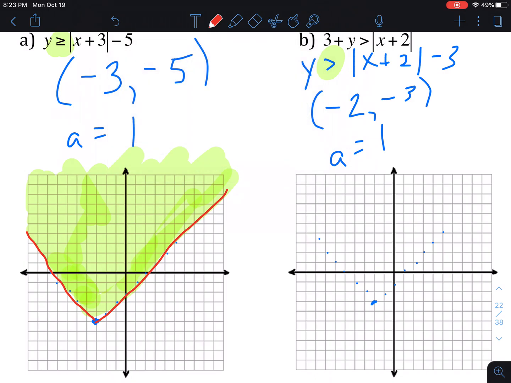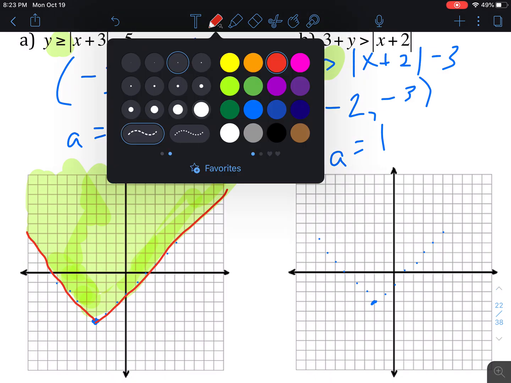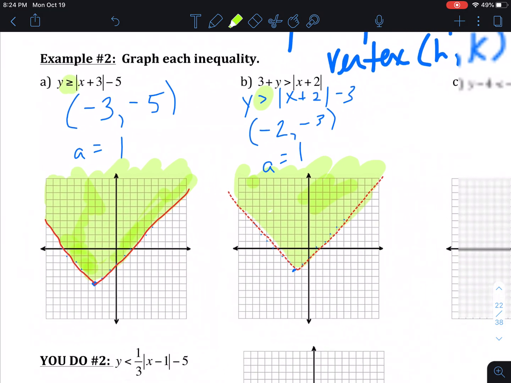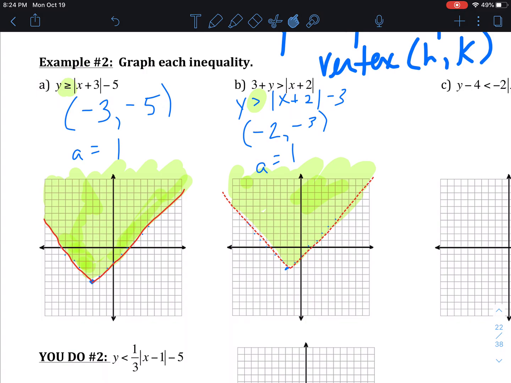That means I am going to have a dashed line, and greater than, so it's also going to shade above. Okay, that was it for B.